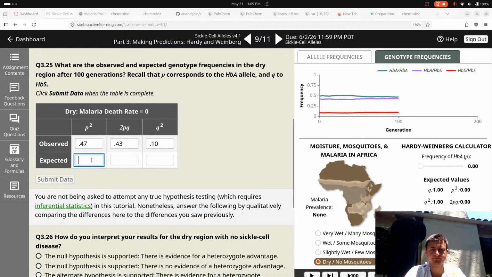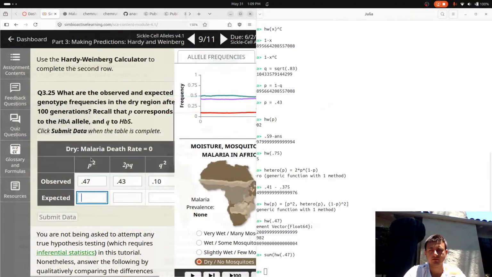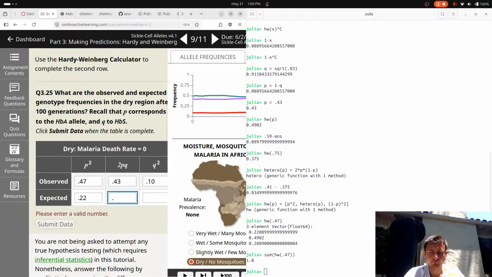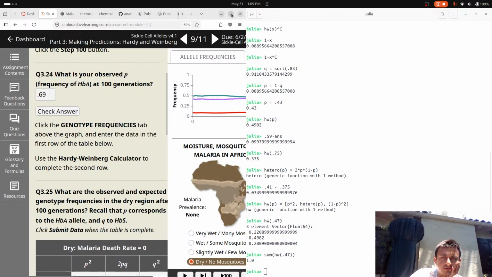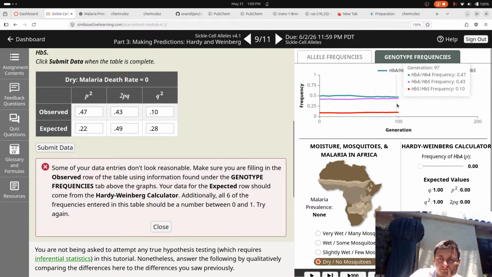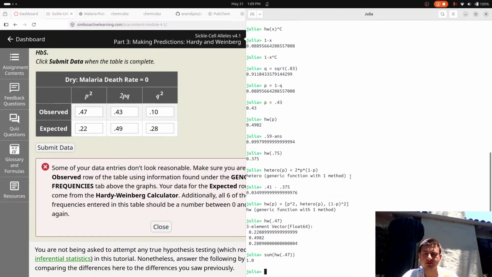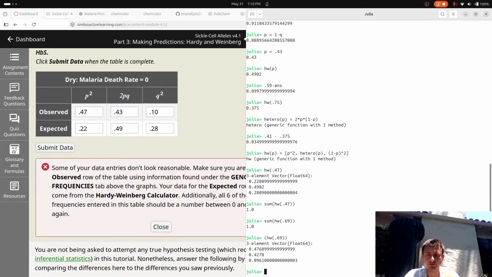Okay. I hate that. Okay. Is this right though? 0.22, 0.19. Let me just figure out if that's what I'm supposed to do. Oh, because this is supposed to be the P. Okay.